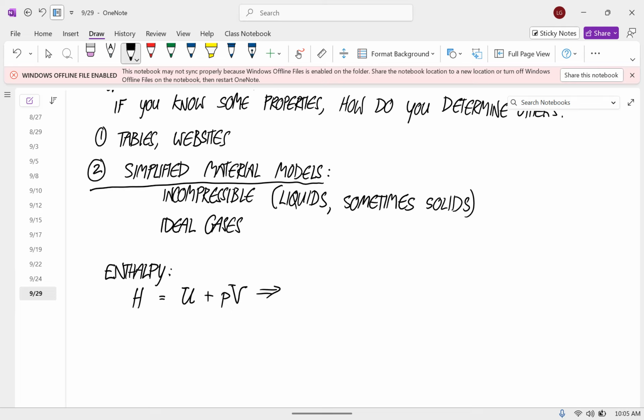And we're often going to use specific enthalpy. That's a lowercase h, and you can get that by just dividing the total enthalpy by the mass of material you have, or you can also calculate it as the specific internal energy plus the pressure times the specific volume.